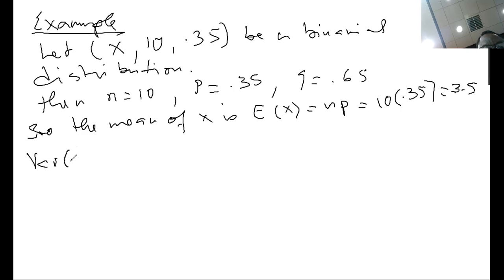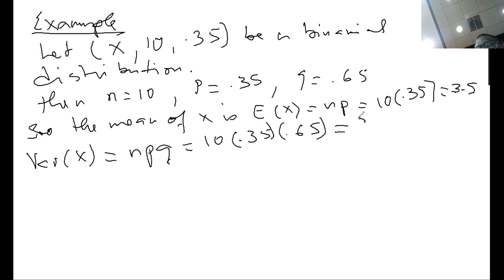The variance of X is NPQ, which is 10 times 0.35 times 0.65, which is 3.5 times 0.65.